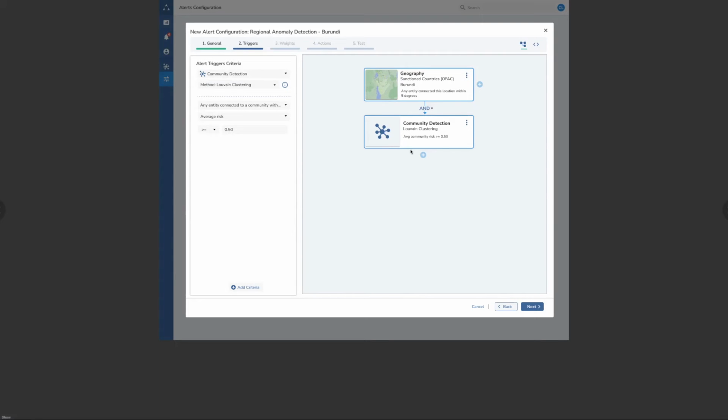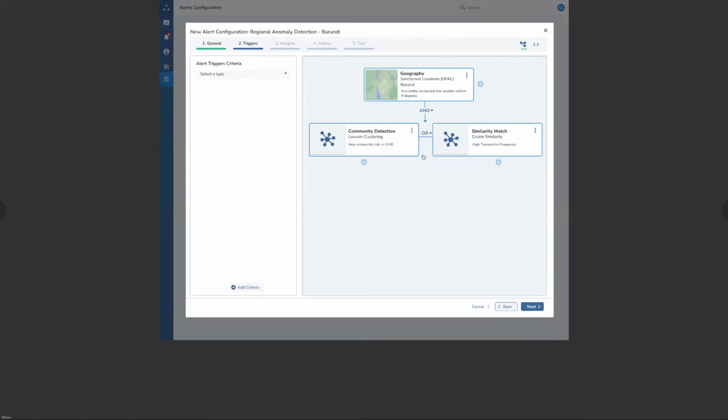So not only do I want to look at that geographical area and anything that's directly related to that country on that sanction list, but I want to cluster things that are associated with it by certain criteria. And so I'm going to see where, within 5 degrees, where all the connections are to any of the activity that happens to be linked to that location. And then I can add a couple other things.